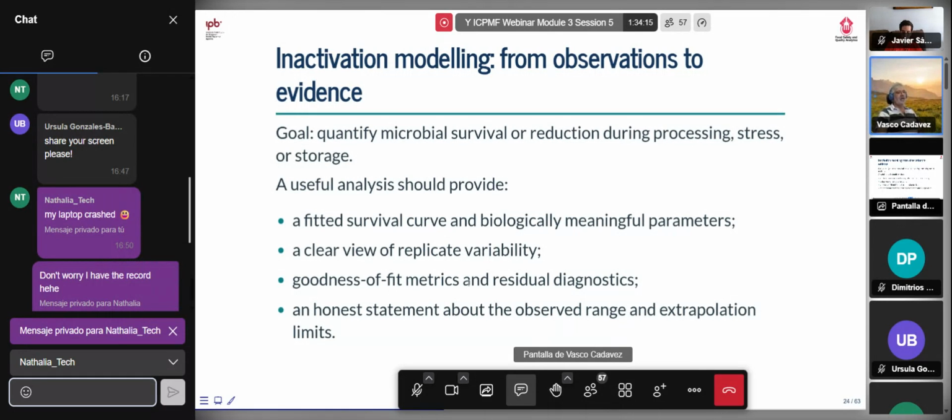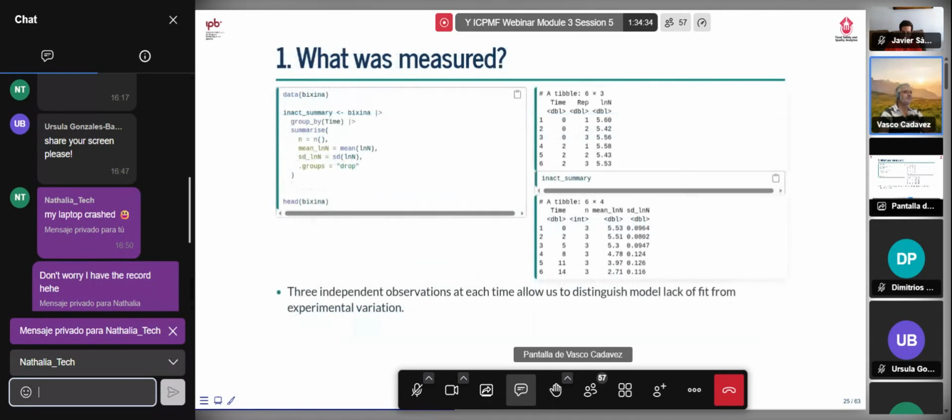Of course, we need to have also some metrics to check the fitting quality, and it will be also good to check if the model can extrapolate for different conditions that we didn't test.